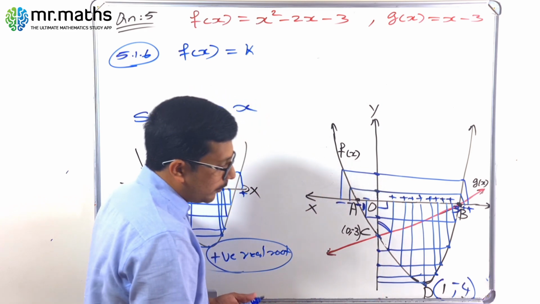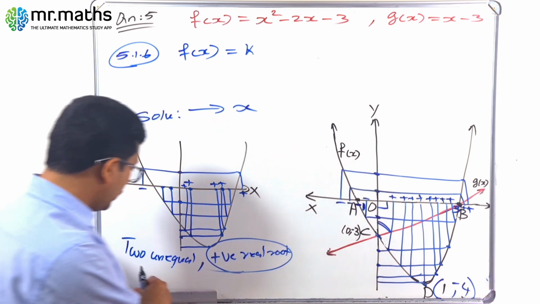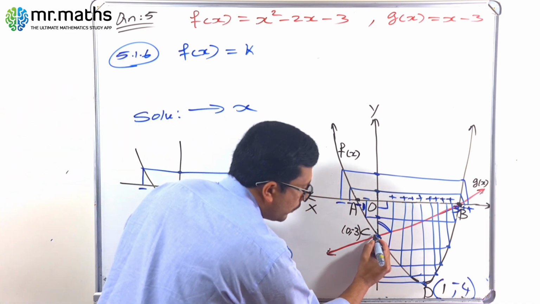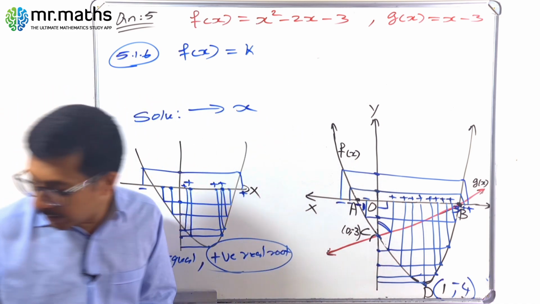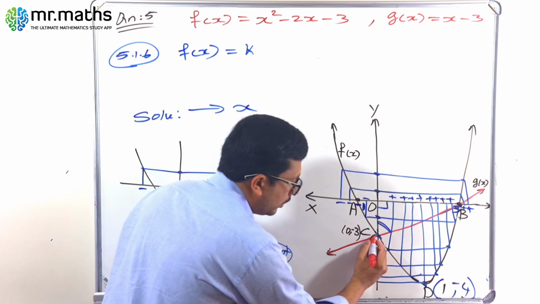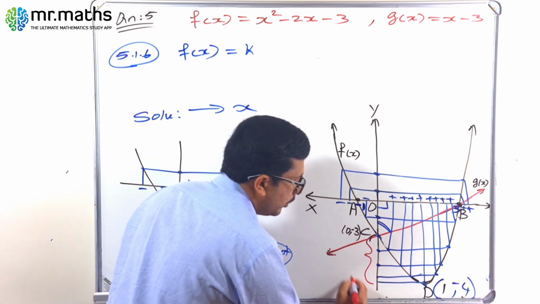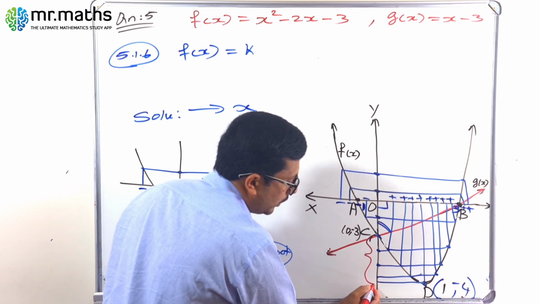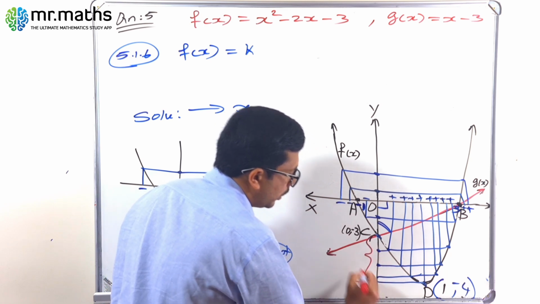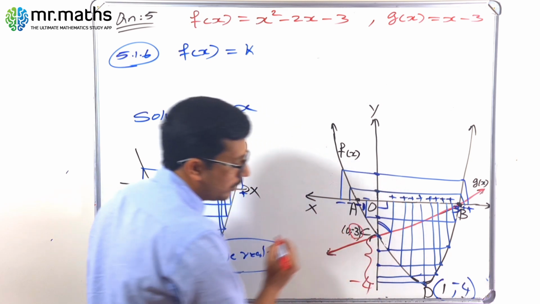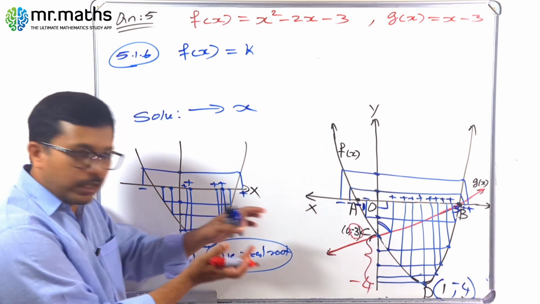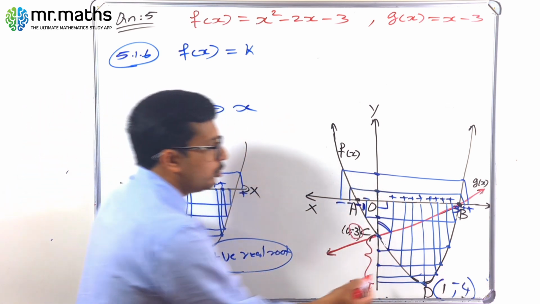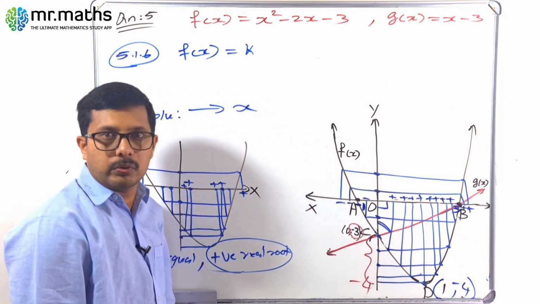So it means that if I want to get two unequal positive real roots, my y value or k value must be between minus 4 and minus 3. So if I take a y value between minus 3 and minus 4, I will get two positive real roots.